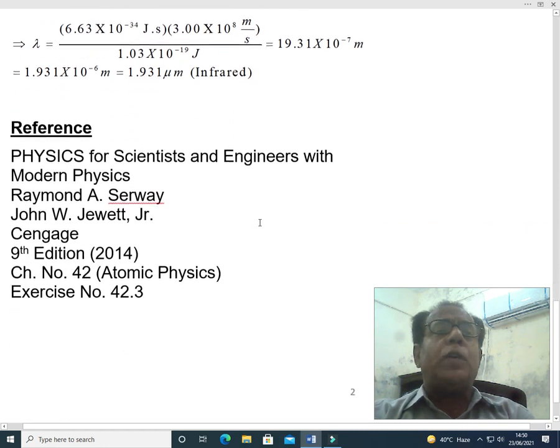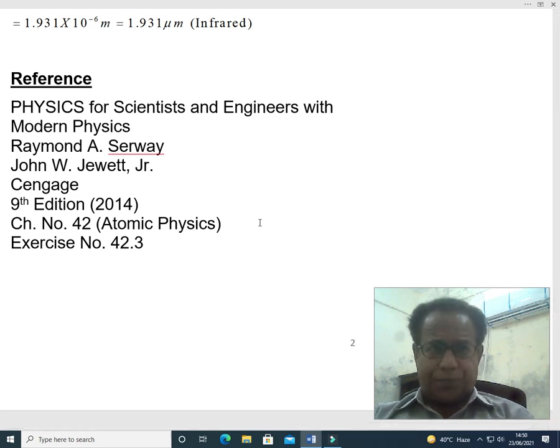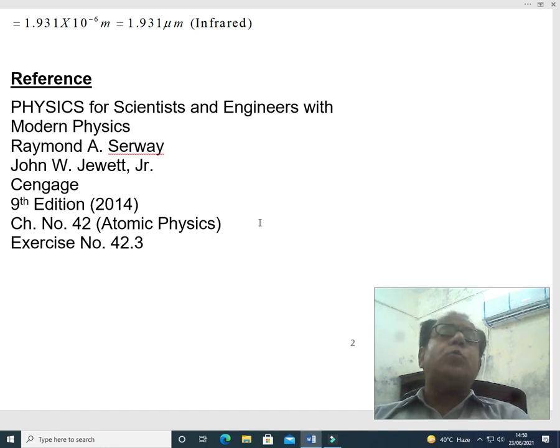However, now we come towards the reference from where we have chosen this problem. The reference book is Physics for Scientists and Engineers with Modern Physics. The authors are Raymond A. Serway and John W. Jewett, Jr. Its publisher is Cengage, and its 9th edition, 2014, has been followed.